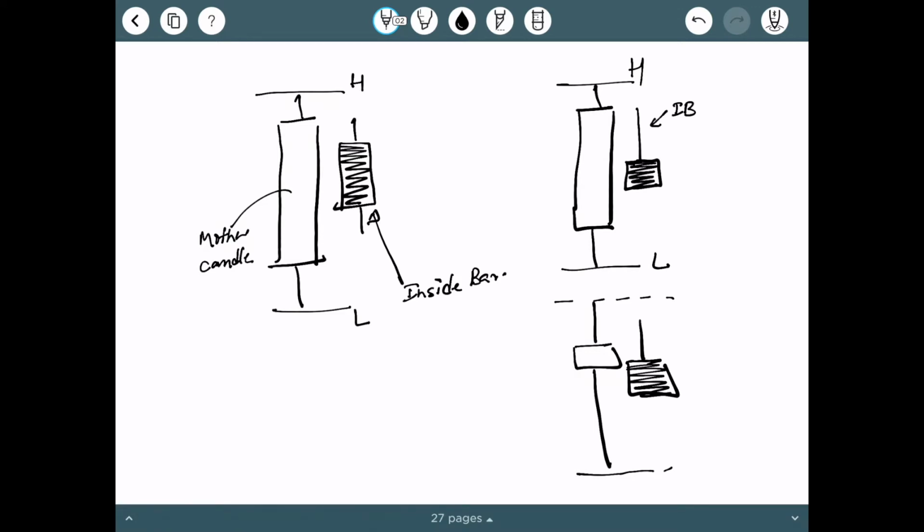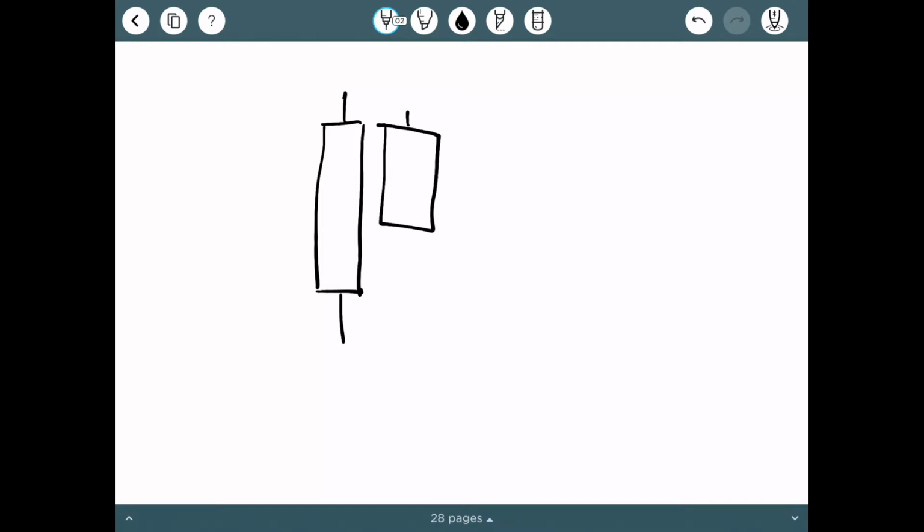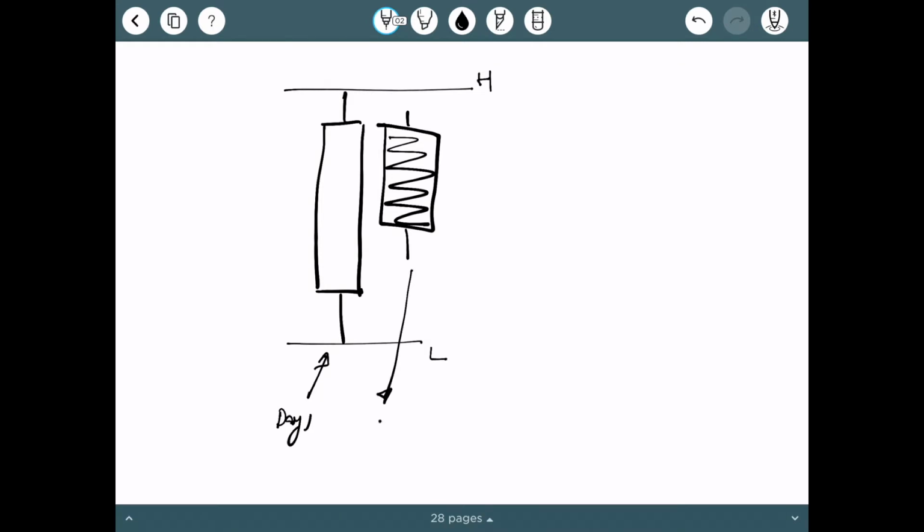So let's discuss what the inside bar represents in the market. I'm going to draw for you an inside bar. This is the high and this is the low. This is, for example, day 1 and this is day 2.